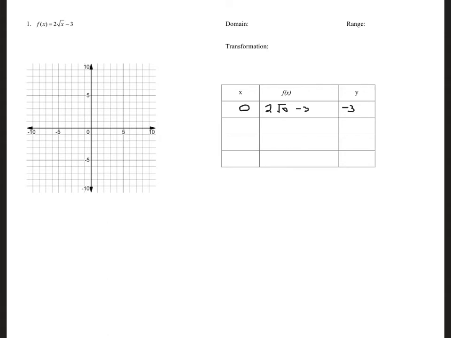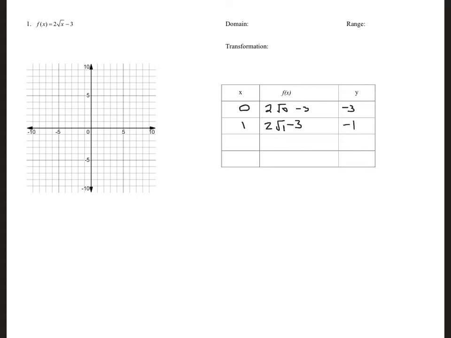Then we go to the next one. Let's plug in 1 because we can get the square root of 1. So we get 2 square root of 1 minus 3, and then we get negative 1.